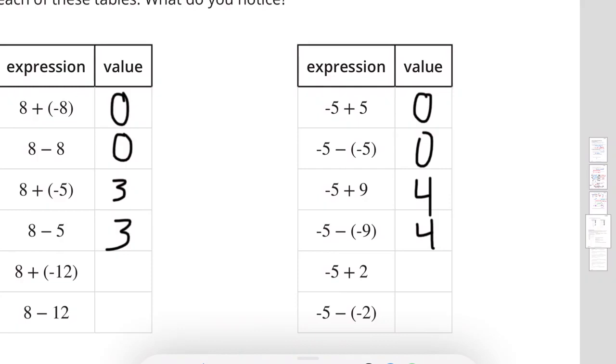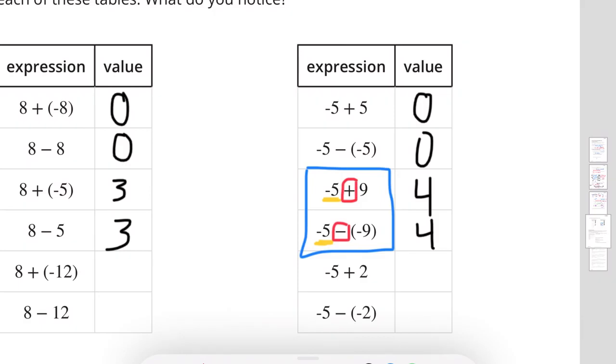So just comparing these two expressions. If you notice, the -5 stays the same. But look at what happens to the operation. One's addition and one's subtraction.